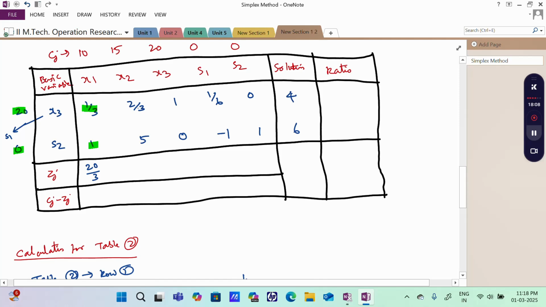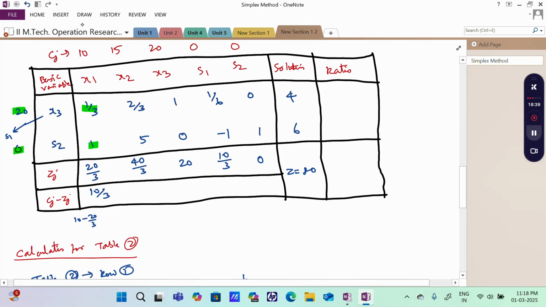So 20 into 2 by 3 is 40 by 3, then 20, then 20 by 6 is 10 by 3, and then 0, and 20 into 4 is 80. Then Cj minus Zj: 10 minus 20 by 3. How to do that? 30 minus 20 by 3 is 10 by 3.